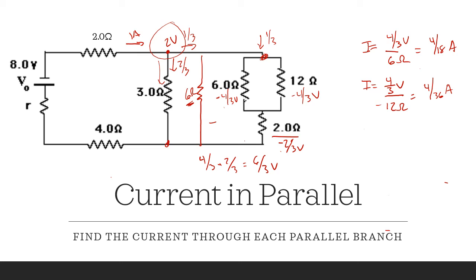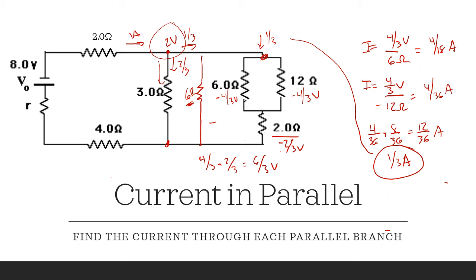If I add those two together, if I do 4/36 plus 8/36, add the individual currents, we get our 12/36 of an amp, which is 1/3, which checks with what came in to that parallel branch.